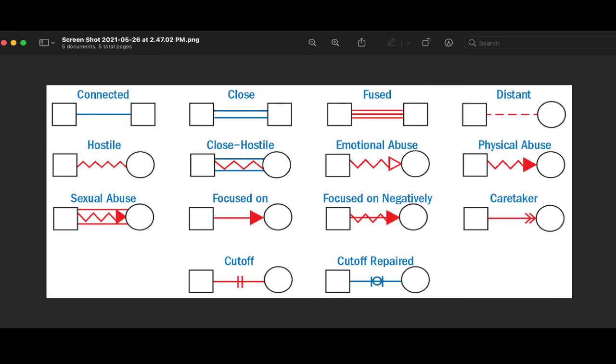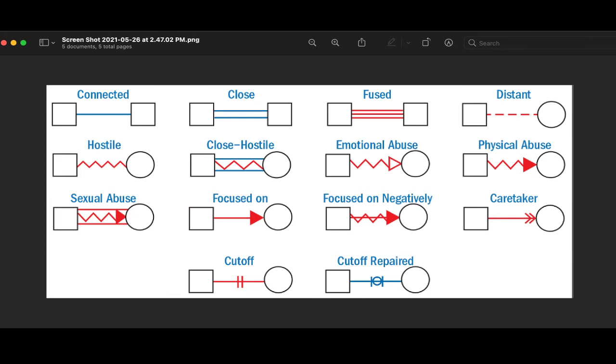But we also have that this person is a caretaker for this child. The mom of these children is really taking care of this child. Of course, we would expect that in this relationship, but because there's an adoption, we do want to indicate that.